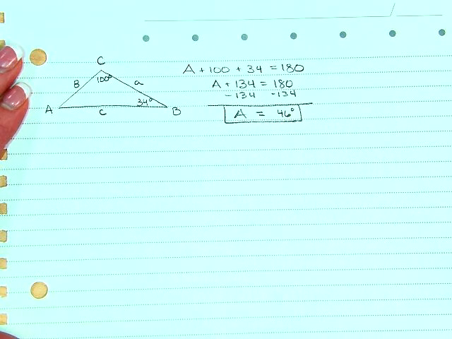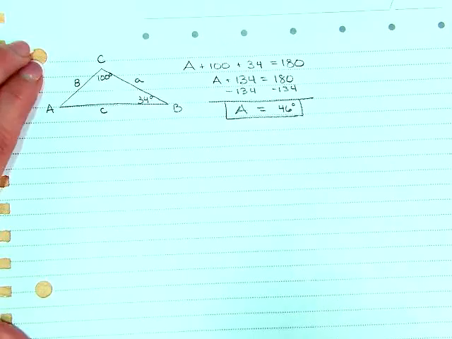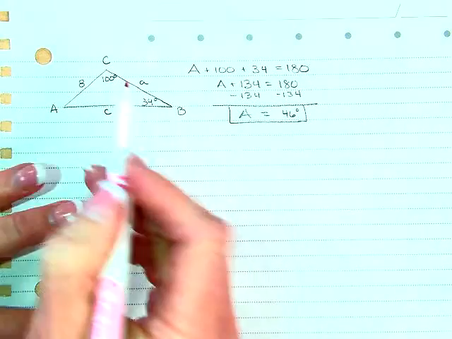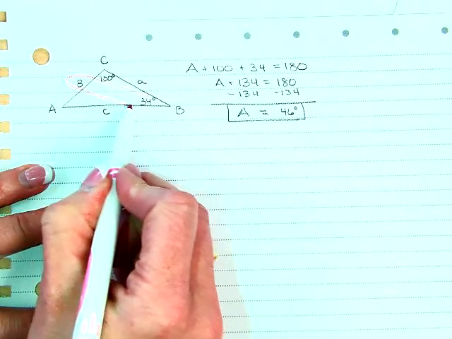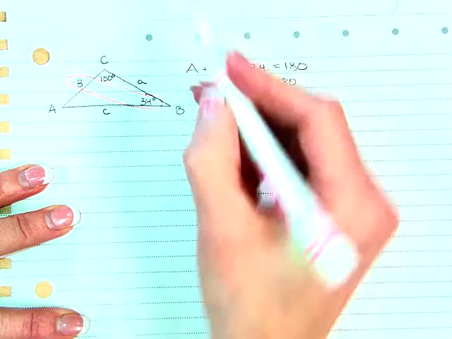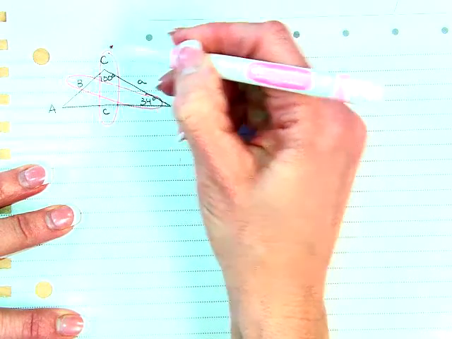Done. Now I'm going to go ahead and find side c. Here's the deal. I'm going to start doing some circling on my triangle. See how 34 degrees is across from the side length of 8, and then 100 degrees is across from side c.